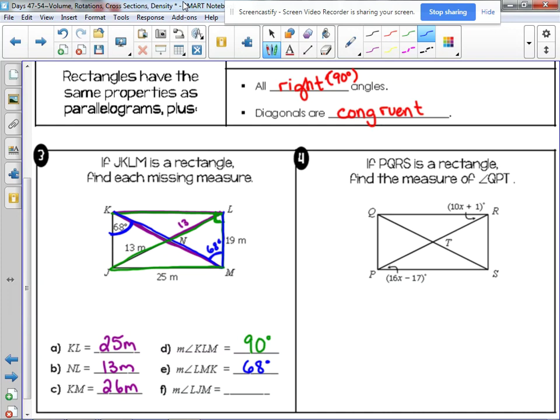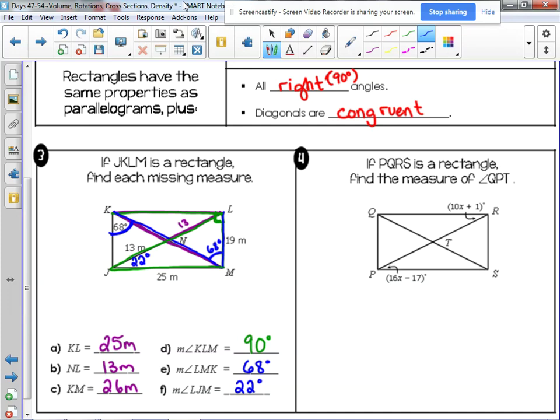So 22 degrees for LJM. There are several different ways that I could go about explaining why that is the way that it is, but it all has to do with the way that those diagonals are intersecting with each other in the parallel lines.